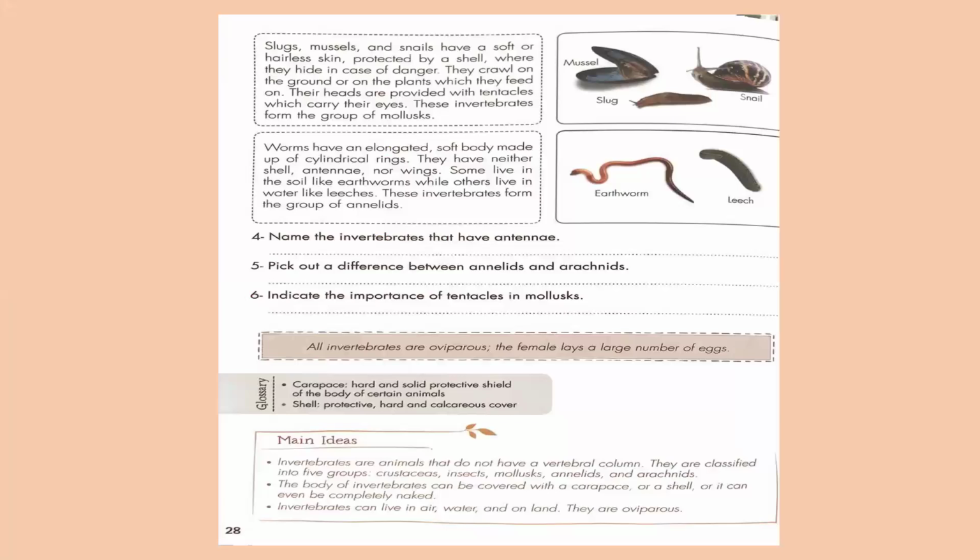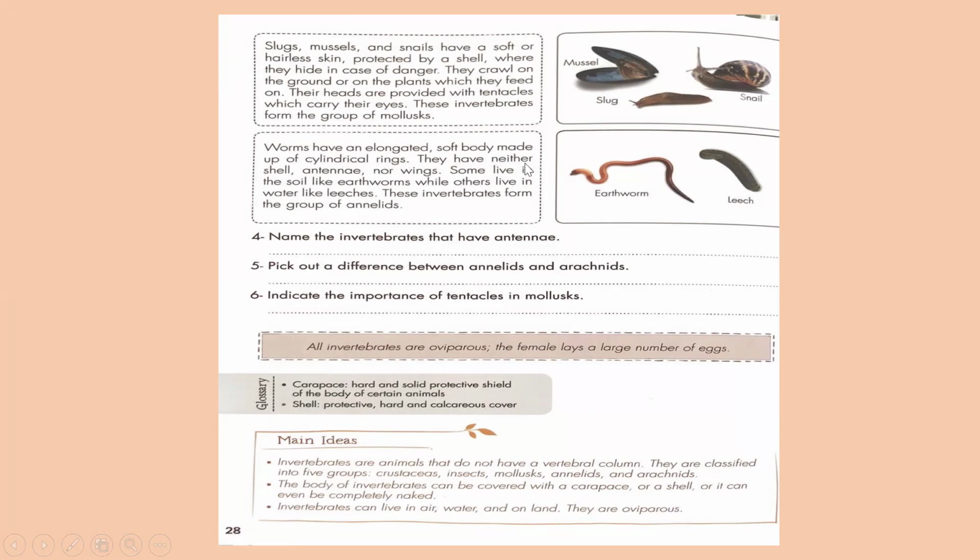We will start with page 28. In page 28, the first text is related to mollusks, while the second one is related to annelids. So worms have an elongated, soft body made up of cylindrical rings.